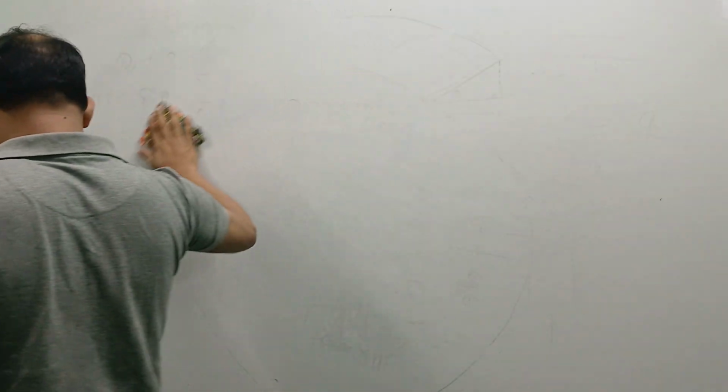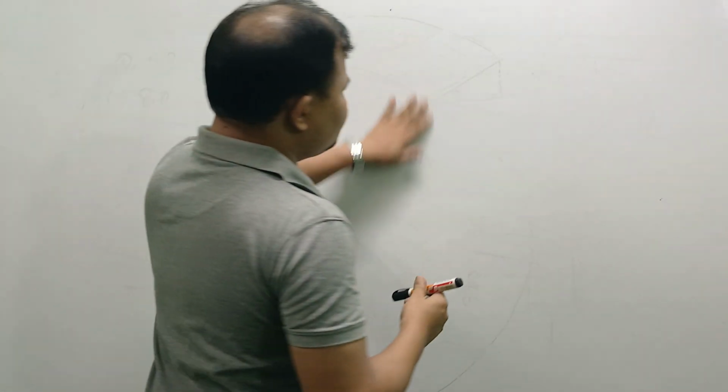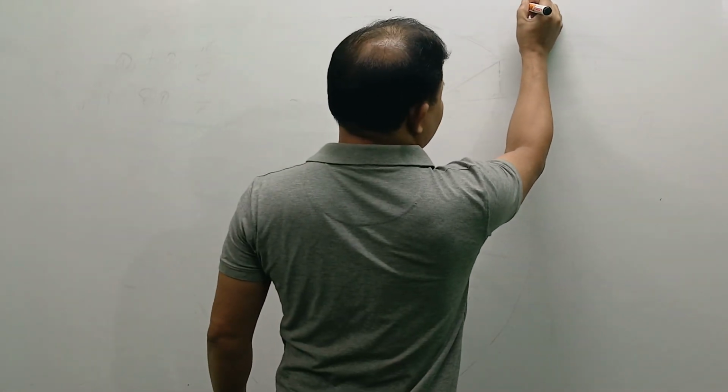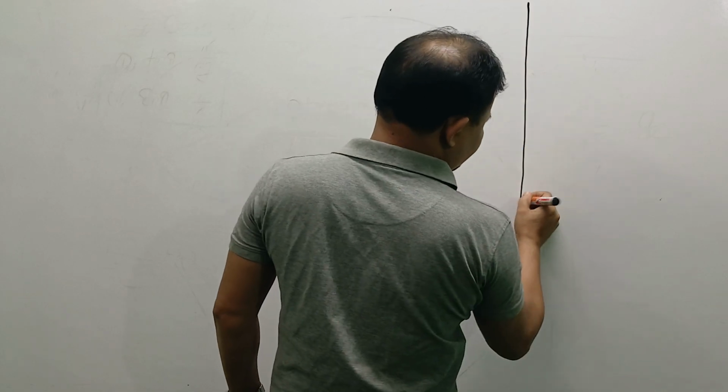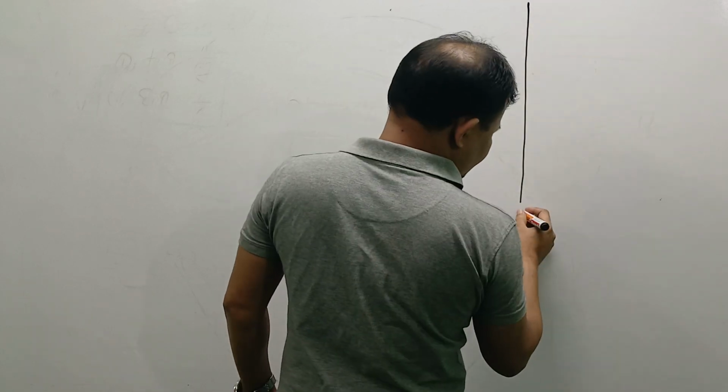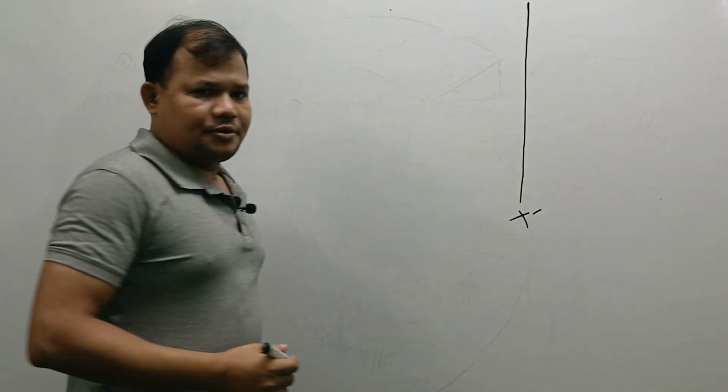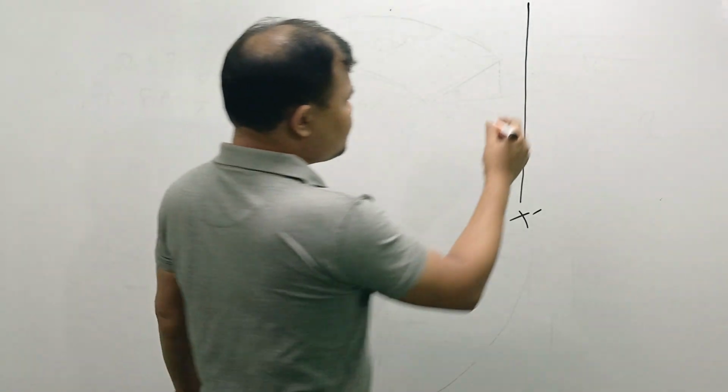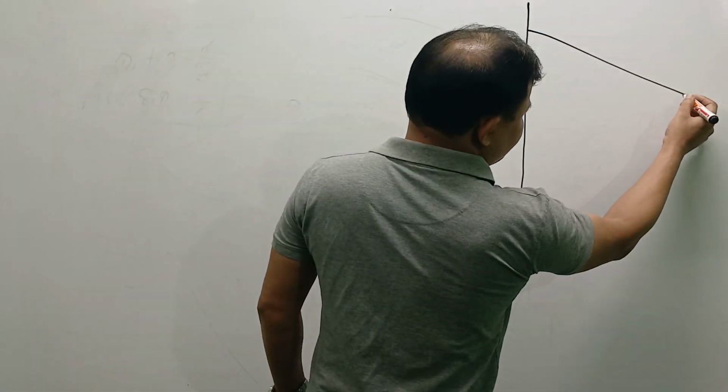Now I will try to draw the triangle first. Suppose this is the rotational axis, x prime is the rotational axis. Suppose this is the triangle.